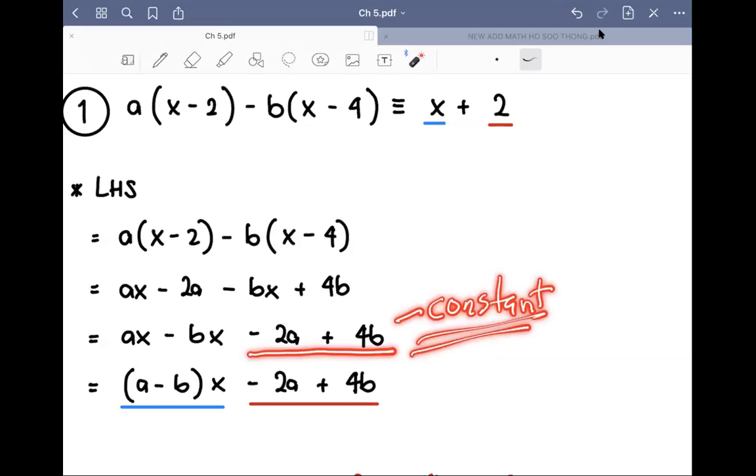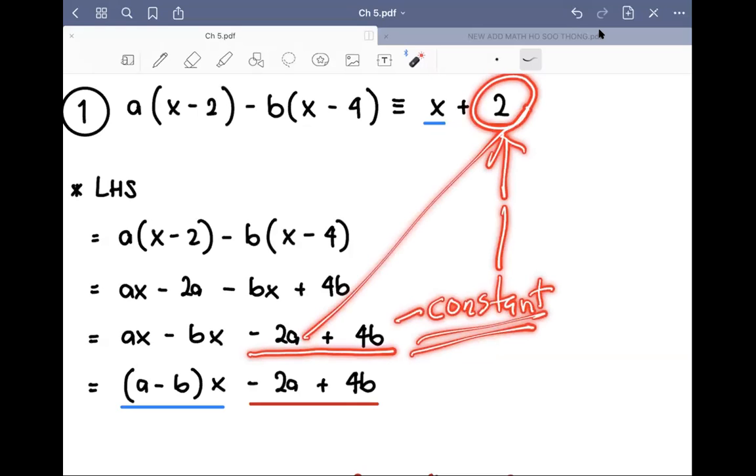If they don't have any x squared, x, or any variable terms, that is your constant. This is your constant, and this is also your constant.